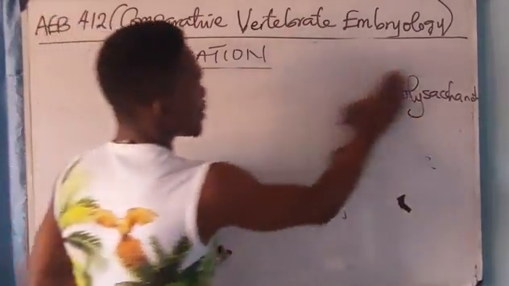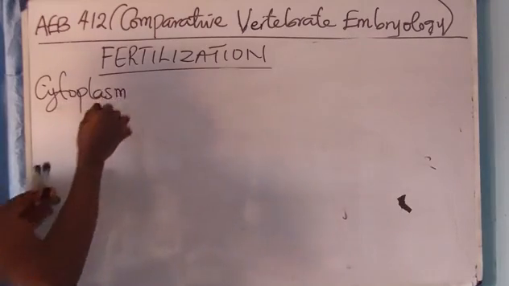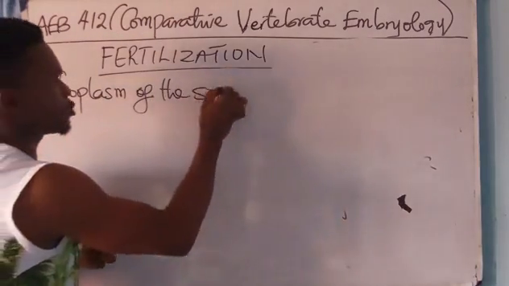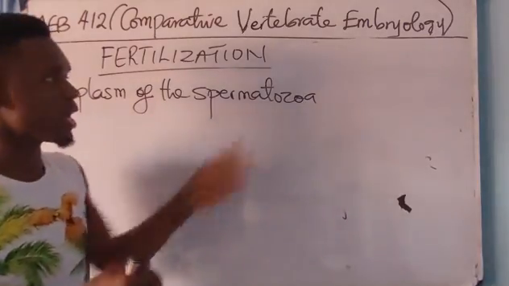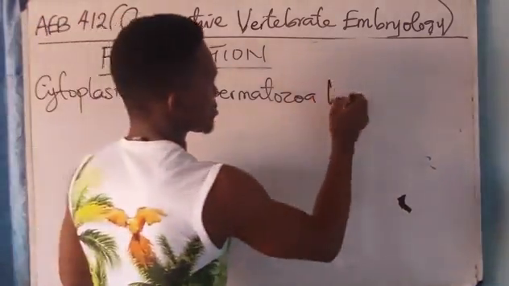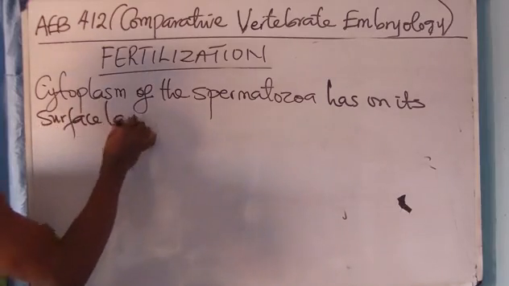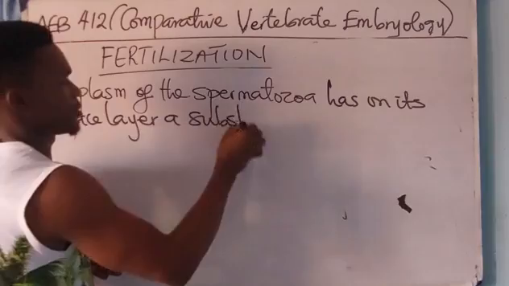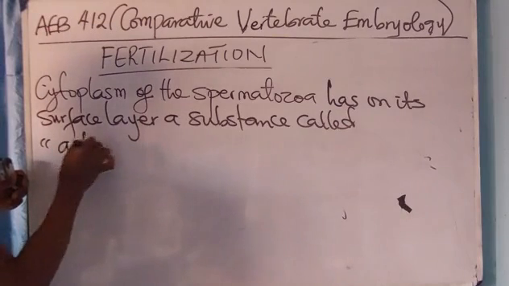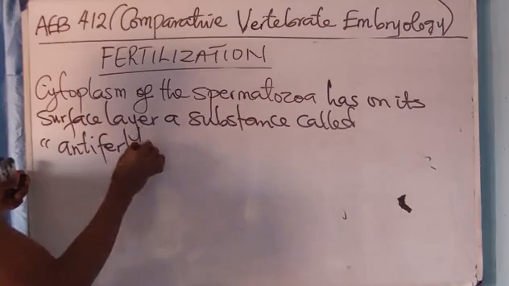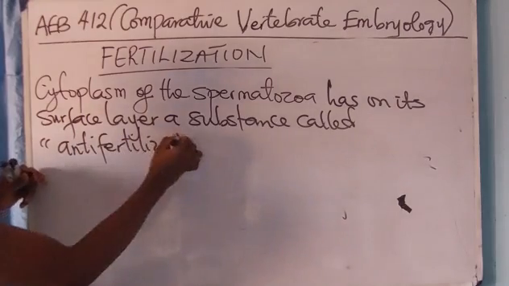On the surface of the spermatozoa, or rather the cytoplasm of the spermatozoa, there is on its surface layer a substance called anti-fertilizin.